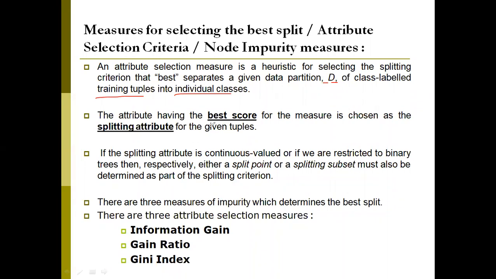The selected attribute, the one having the best score after calculating, is going to be the splitting attribute for the given tuples. Which attribute gives the best score among the given attributes? That particular attribute is going to split at the next level.